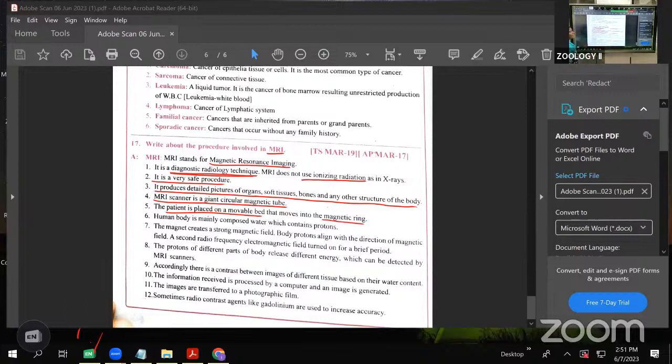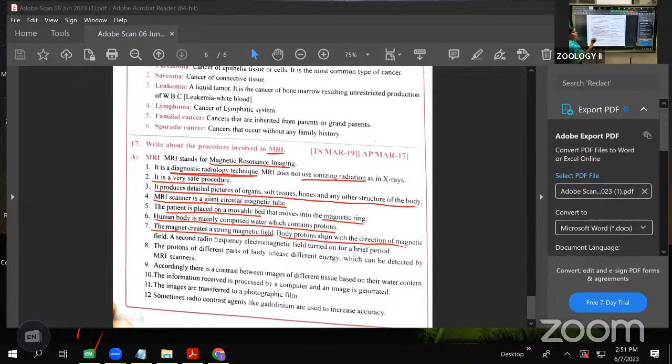The human body contains a large amount of water, which contains protons. The magnet creates a strong magnetic field, and the body's protons align. During the first magnetic field, the total body alignment is formed.